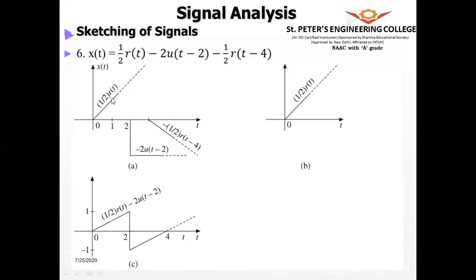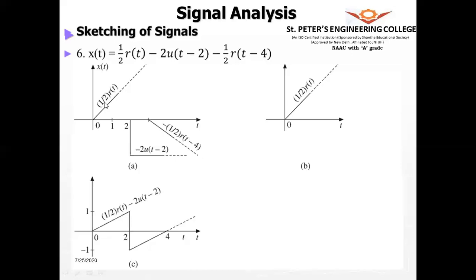And still the slope has not become 0 because there is no other ramp that started with the negative going slope. So the ramp still continues. Again from minus 1, it is a positive going ramp or a rising ramp, so it will continue up to t equals 4. At t equals 4, there is another ramp that is starting with a slope of minus 1/2.